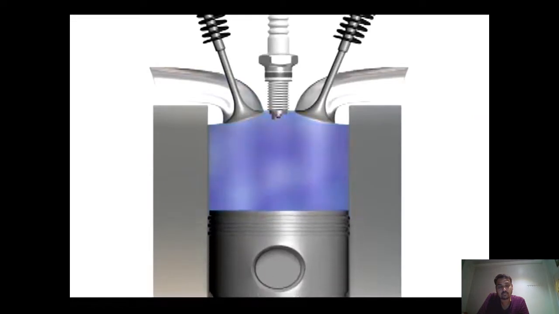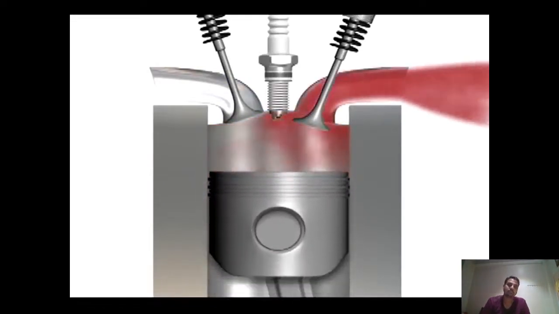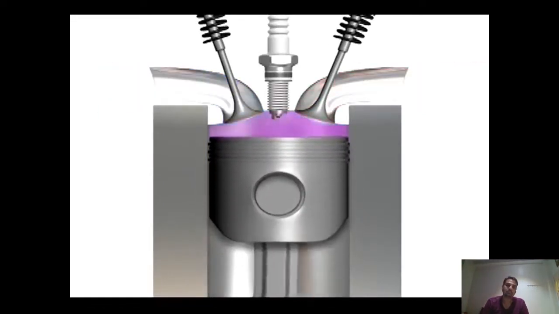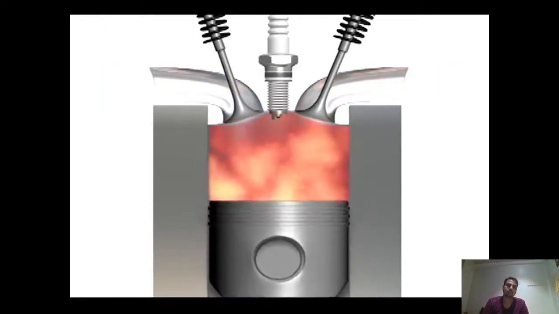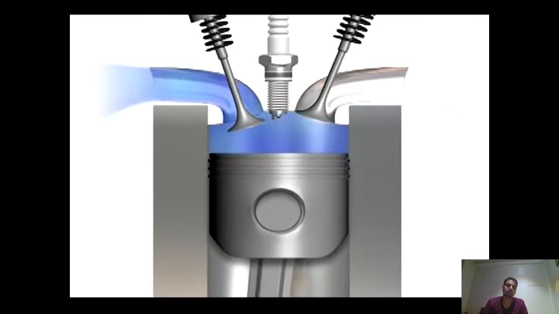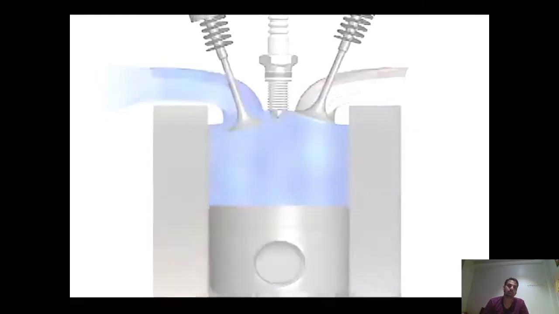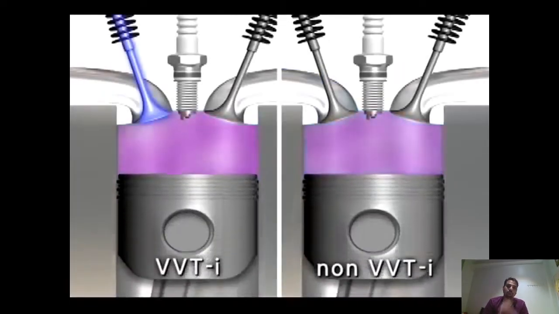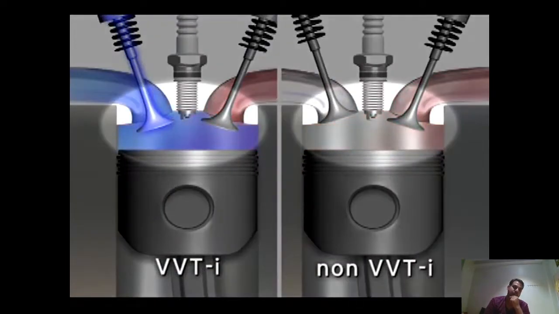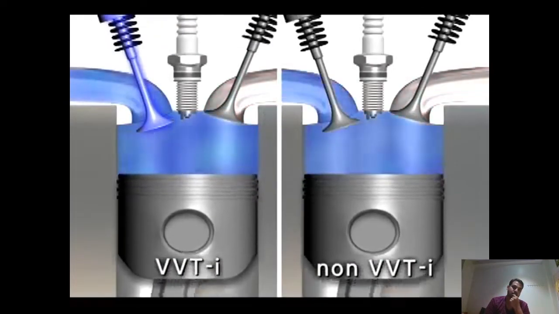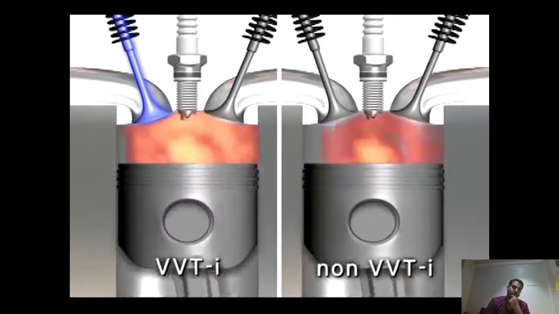Without VVT-i, valve timing is fixed no matter how fast the engine is turning. As a result, an engine that works well at high speeds won't perform as well at low speed and vice versa. With VVT-i, intake valve timing is constantly adjusted, enabling the engine to perform well over a wide range of speeds.